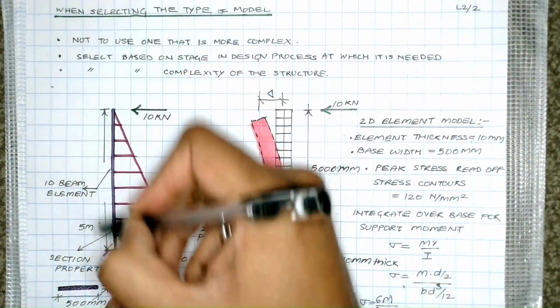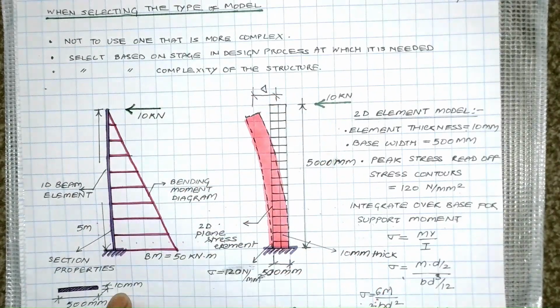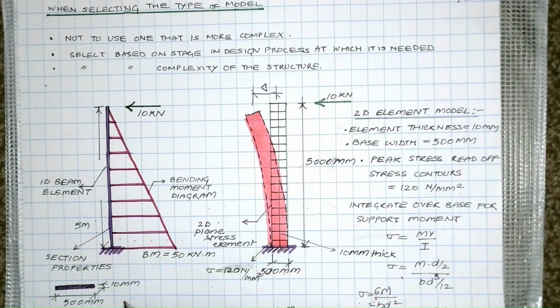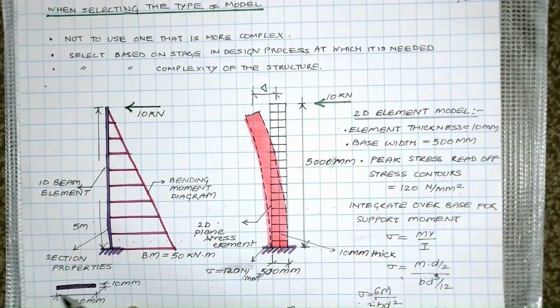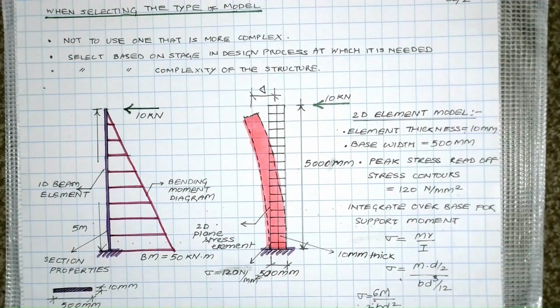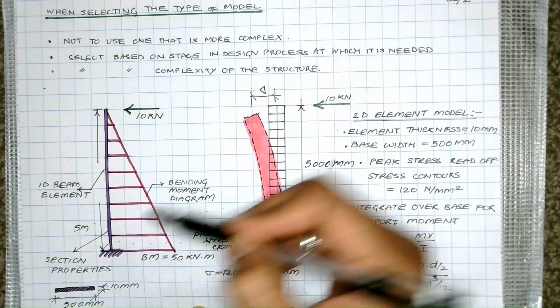One way is that you take a single line beam model. In any software, you create a beam element standing, and you assign the properties to it. Let's say we have a shear wall, 500 by 10 mm, or any plate element.